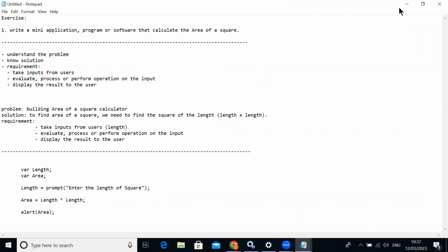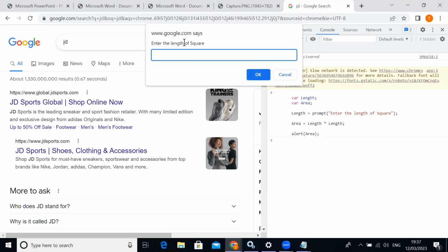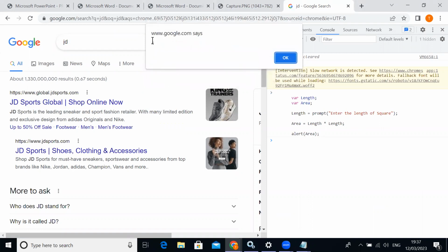Okay, let's run it and see. Enter the length of square. We enter maybe 2. Then we get the result 4. So the area of a square with length 2 is 4. You get it? It worked.